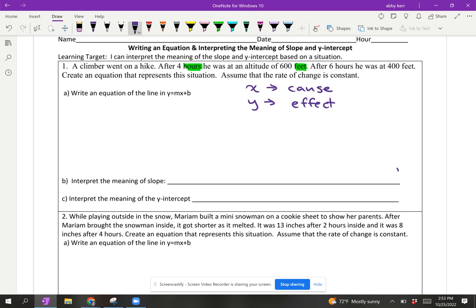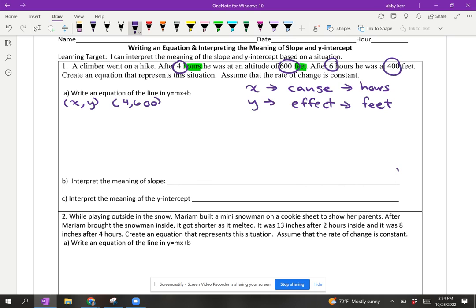So what is causing something to happen? The hours are causing the change in the altitude. It's causing the change in the feet. So we need to remember that it's always x comma y. So we're allowed to do 4 hours comma 600.